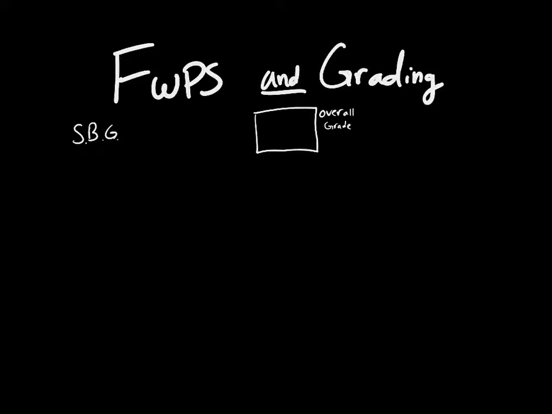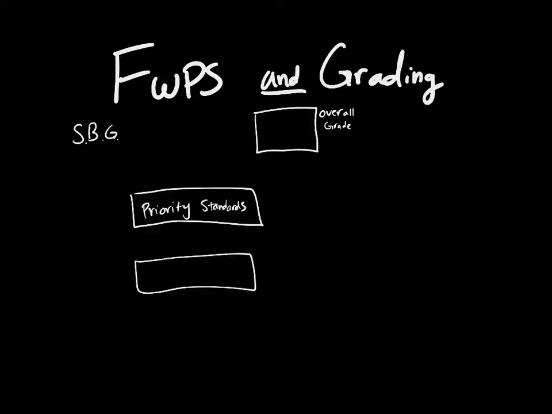So in our grade book, there are what we call priority standards. And these are what make up the core content of learning in the class. Here I've shown you one priority standard, there's another priority standard, and a third priority standard. Some classes have a lot and some classes have fewer.